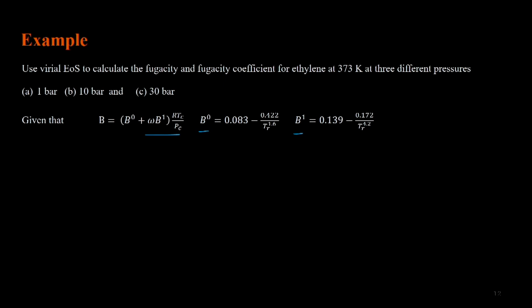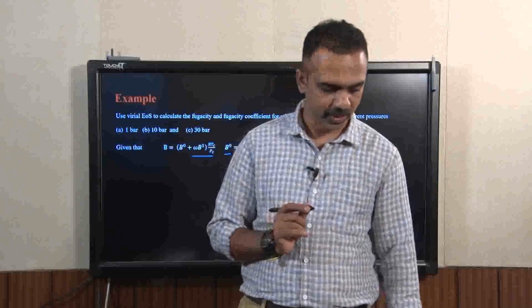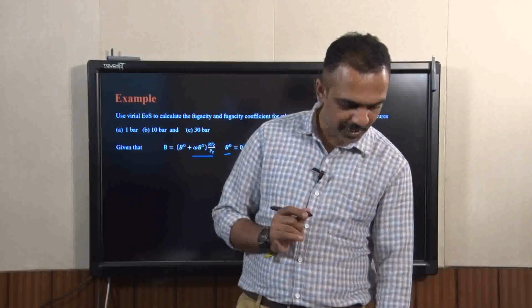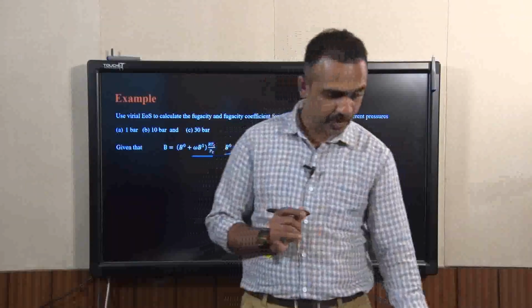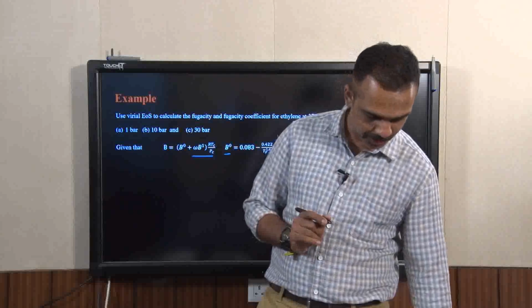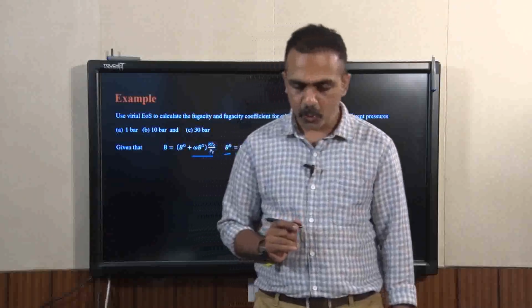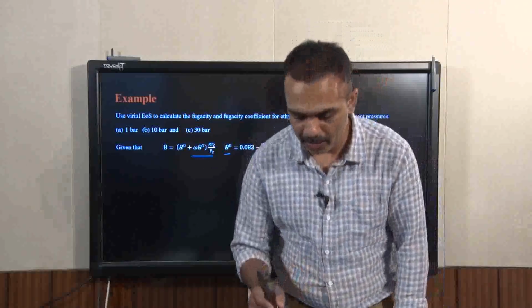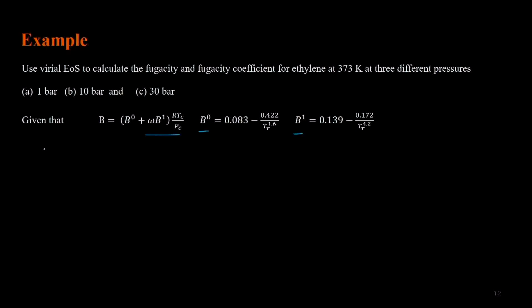Throughout, as you can see, the second virial coefficient will only be a function of the reduced temperature, or temperature and the critical properties, nothing else. So it will only depend on temperature. When the pressure changes from 1 to 10 to 30 bar, B is not going to change. So first we calculate this quantity B so that I can then use it for all three pressures. To do that, we need the critical properties so that I can calculate TR.